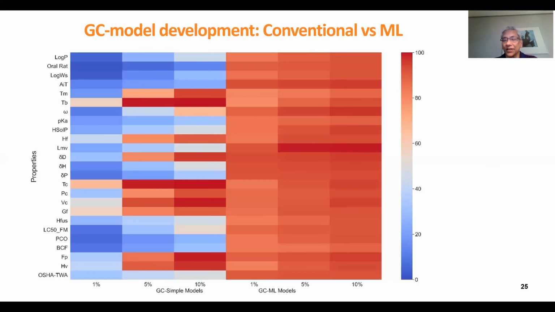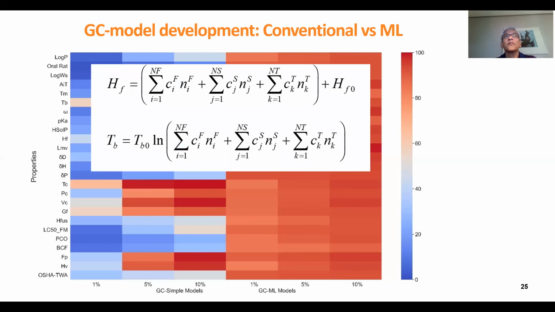But what is the expense? In the simple group contribution model, the contributions that you see, C superscript F, C superscript S, C superscript T, these are different groups of first order, second order, third order. Every group has one contribution.